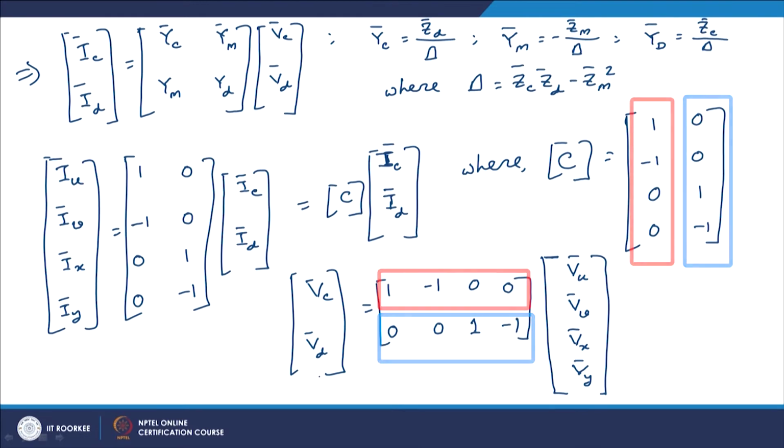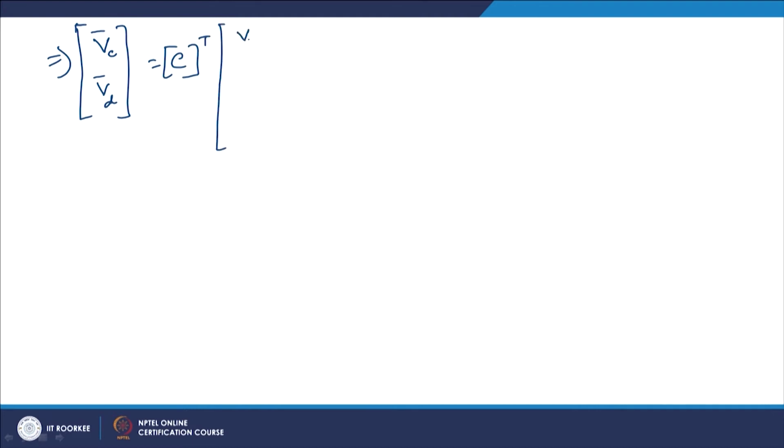So, therefore, we can write down that Vc Vd is equal to matrix C transpose times Vu Vv Vx Vy.